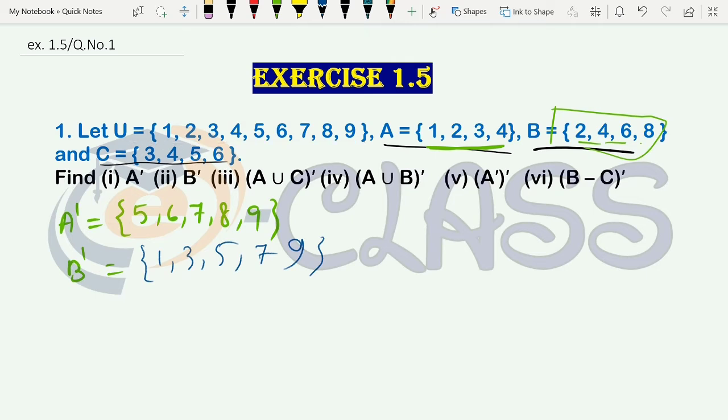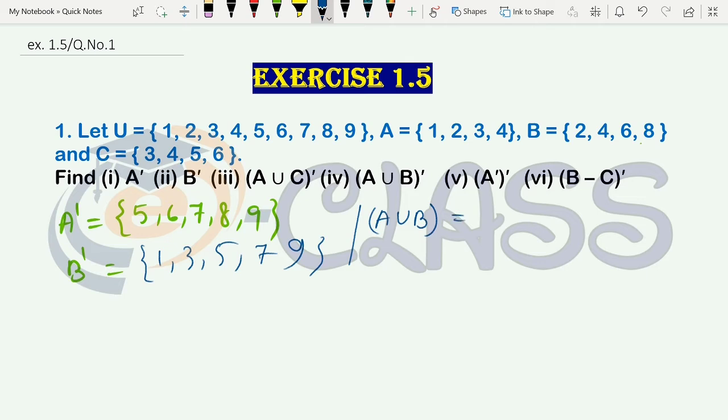Now you have to calculate A union B complement. First of all, we calculate A union B. Now the common elements between A and B are 2 and 4.